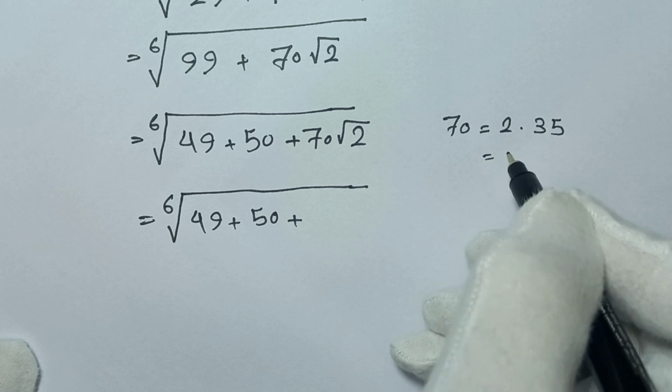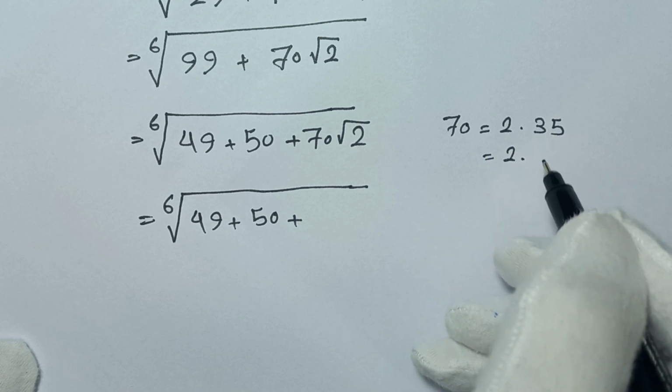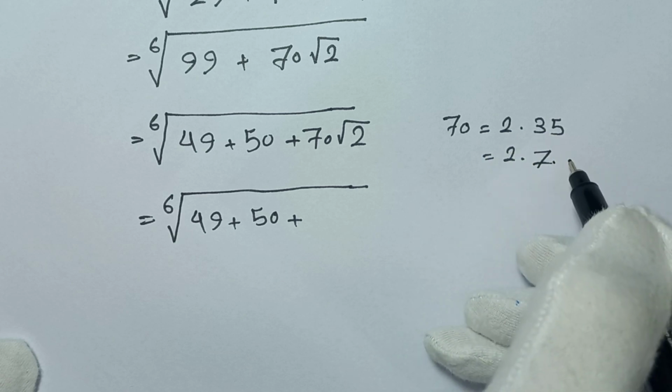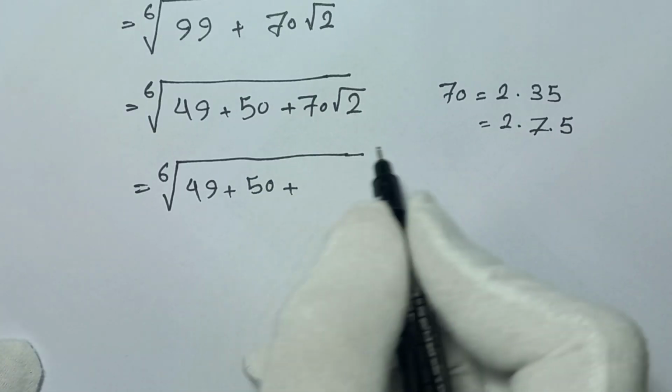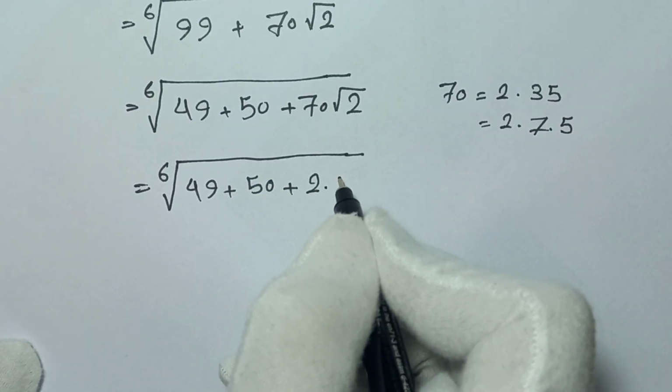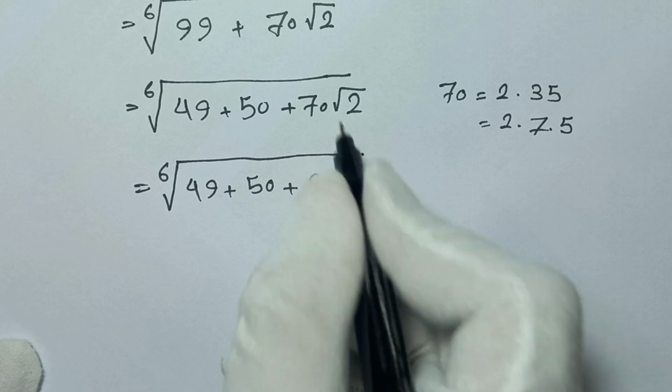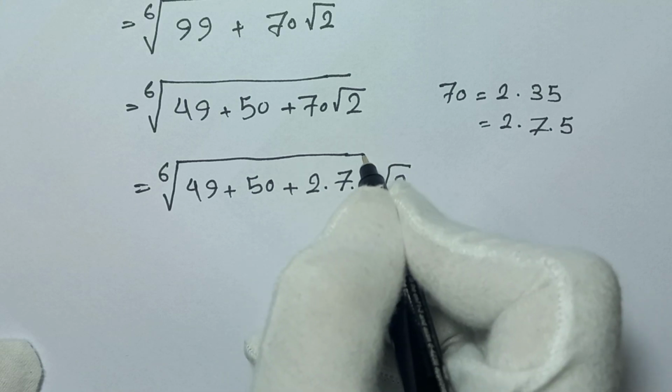And we can write 35 as 7 times 5, right? So in here we write this 70 as 2 times 7 times 5 and square root of 2.